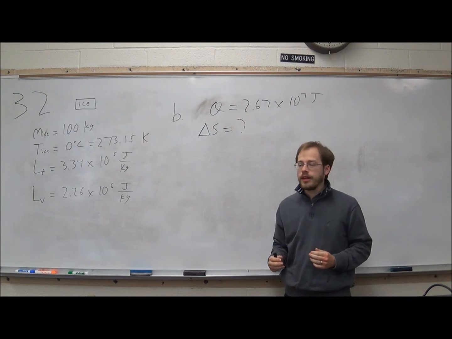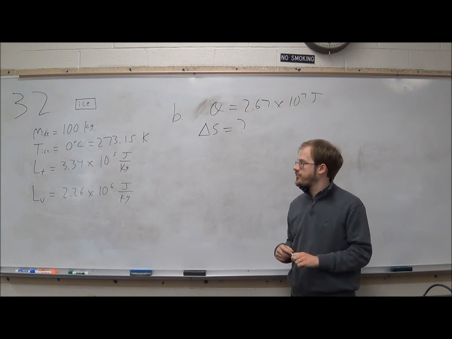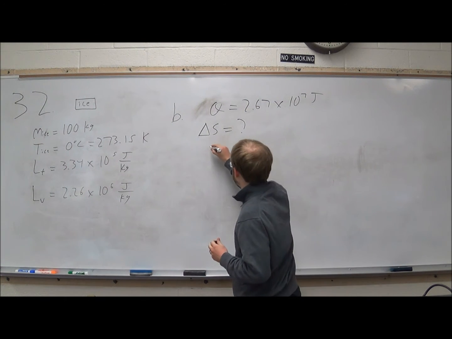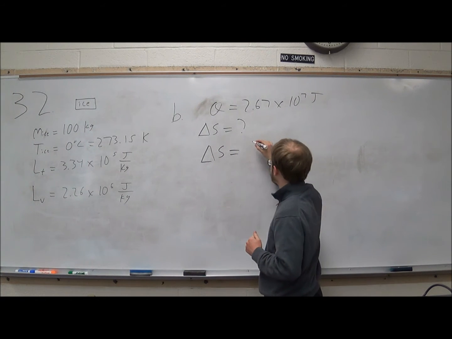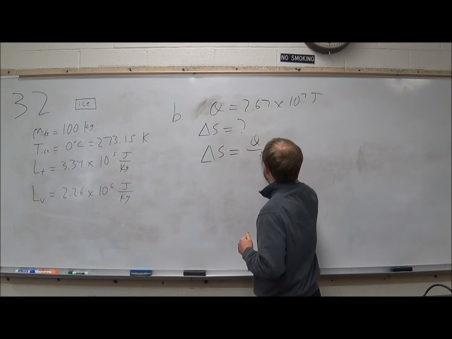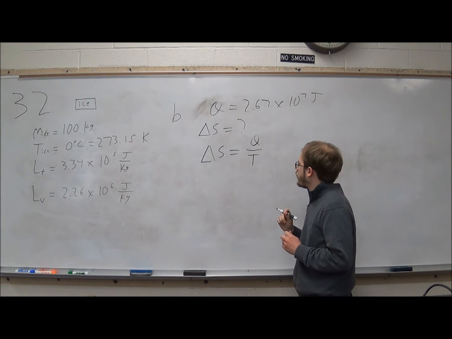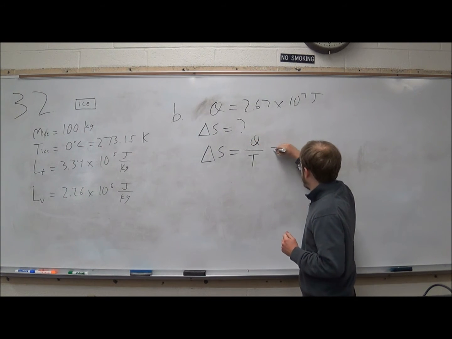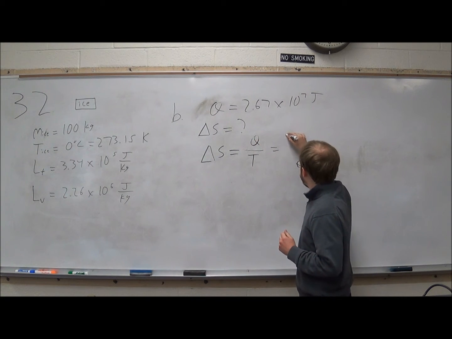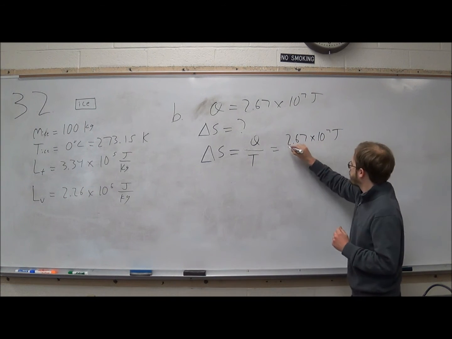Now in part B, we are asked to find the change in entropy of this system. So in this case, you want to use the change in entropy equation, which would be delta S is equal to the heat over the temperature. So our heat, of course, is 2.67 times 10 to the 7 joules.